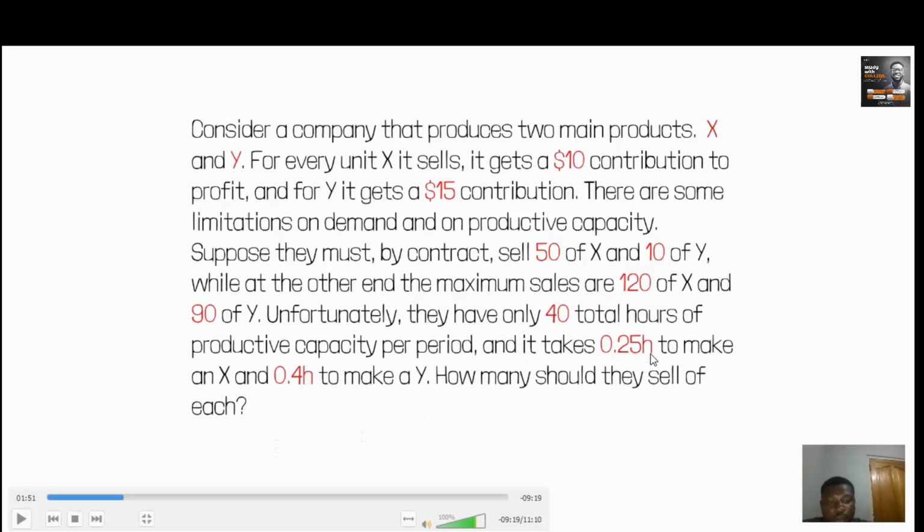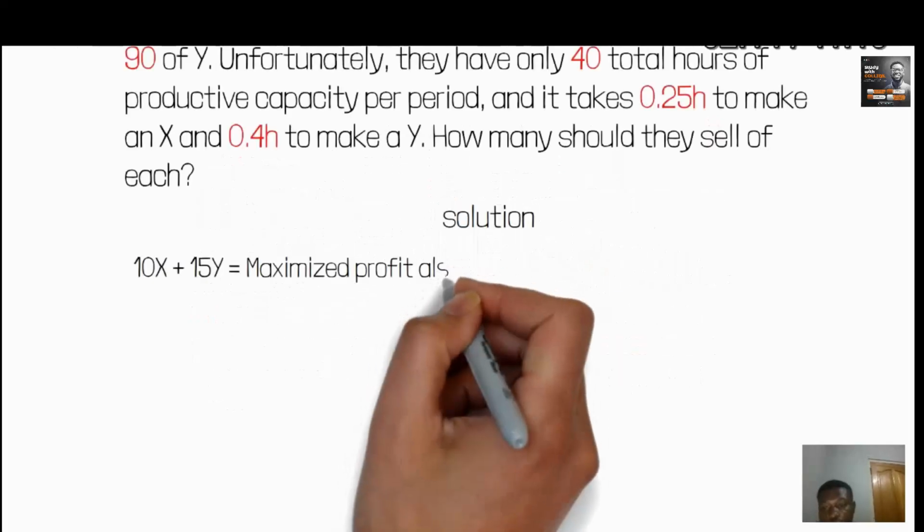So 0.25 hours x plus 0.4 hours y is equal to 40 total hours. That is how we got our constraint.